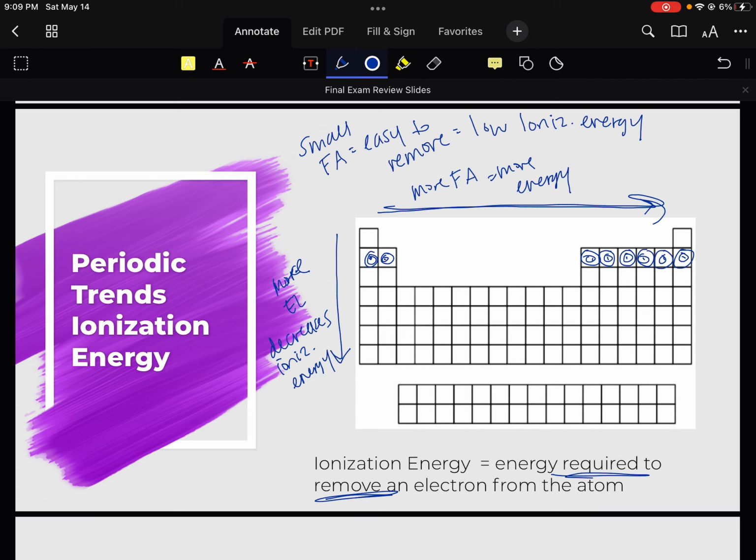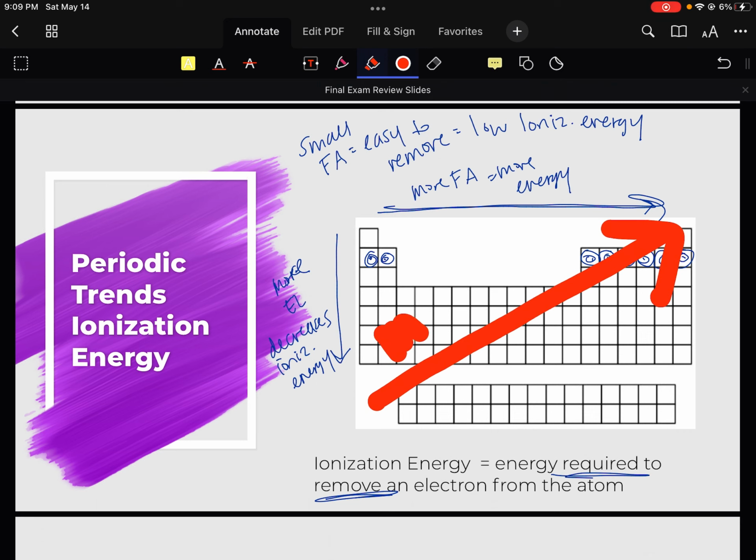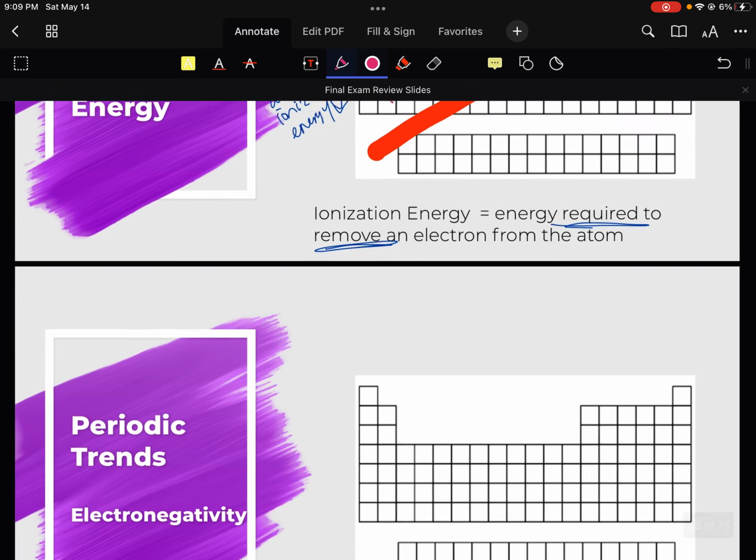So overall, our energy is going to increase as we go up, because we're getting smaller, fewer energy levels when we go up, or we're getting more protons. So we're increasing our ionization energy.